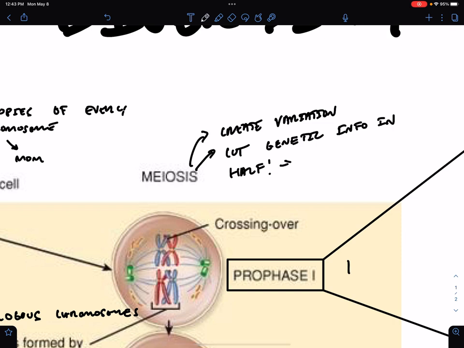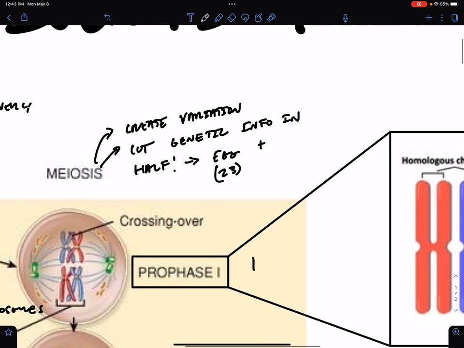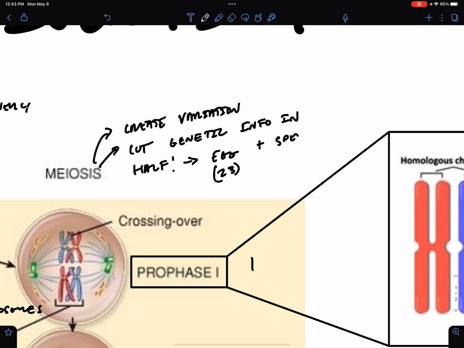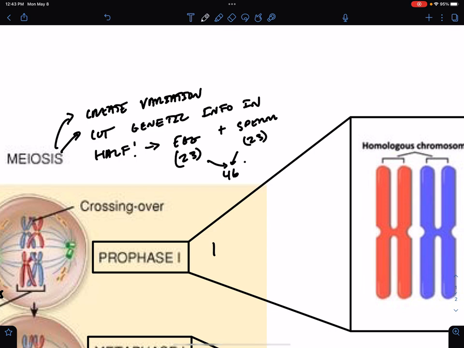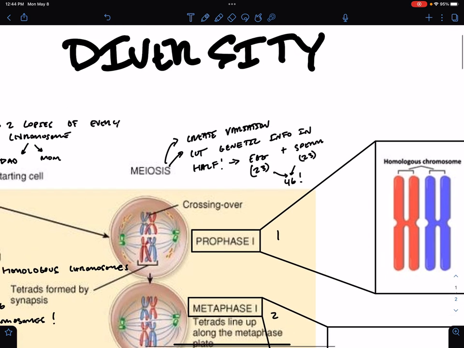The reason for this is that an egg, which is 23 chromosomes, is going to meet with a sperm, which is also 23 chromosomes, and together they're going to make a fertilized egg or an embryo, which has 46. So part of the goal of meiosis is to cut the genetic info in half.